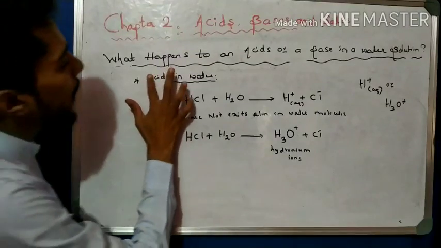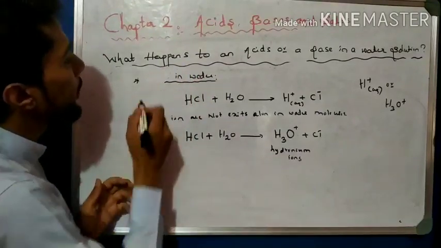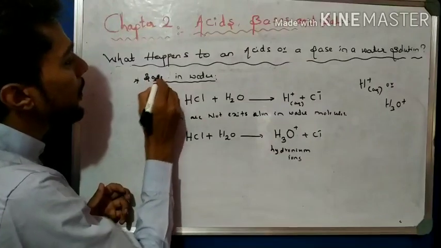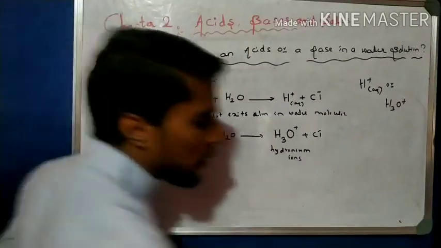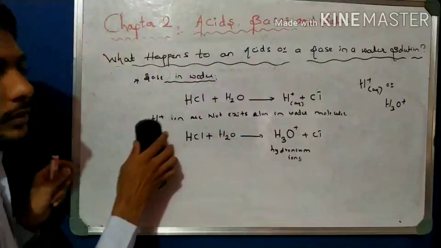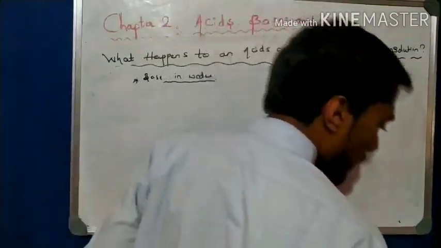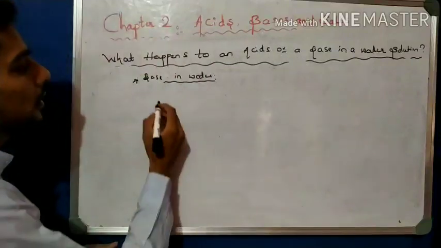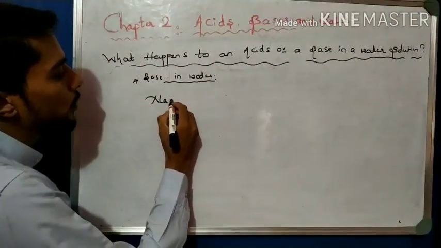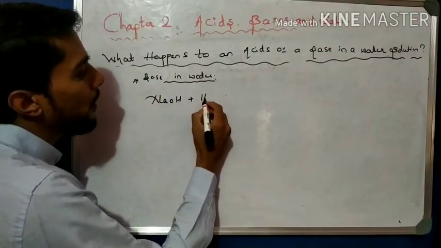Okay. So now in place of acid, take base. So what about base? Right? Come to the next point. That is about base. I take base here, NaOH. What happened to the base when it is dissolved in water?